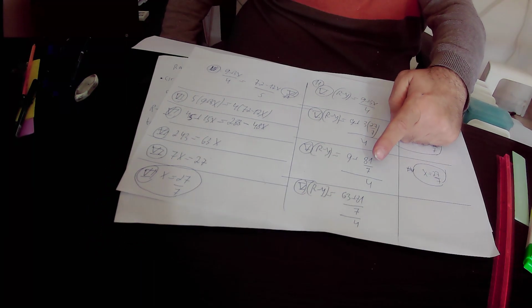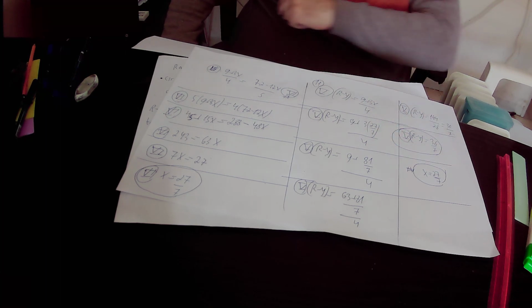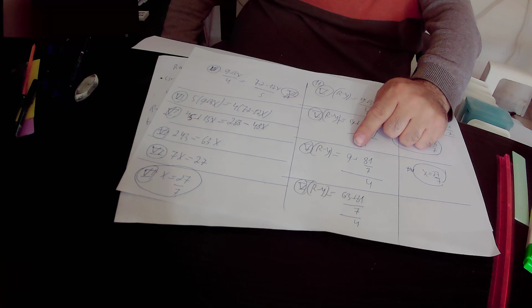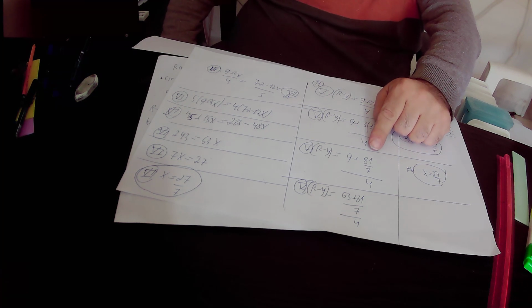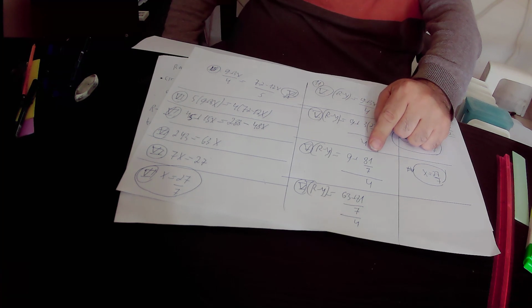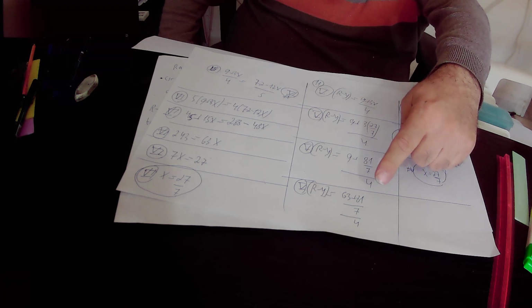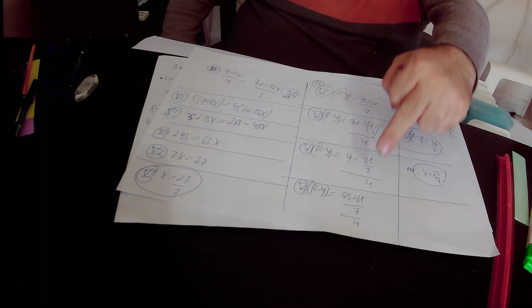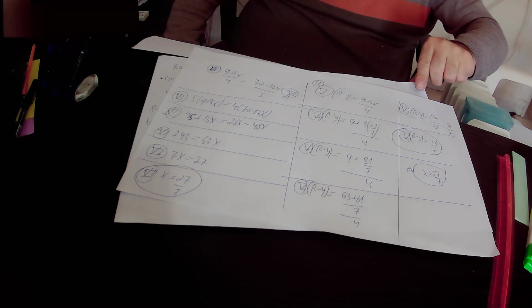So we got that r minus y equals, here we multiplied 9 by 7 and then divided by 7 in order to have a common factor with this expression. We got that 63 plus 81 is 144, and here 4 times 7 is 28.